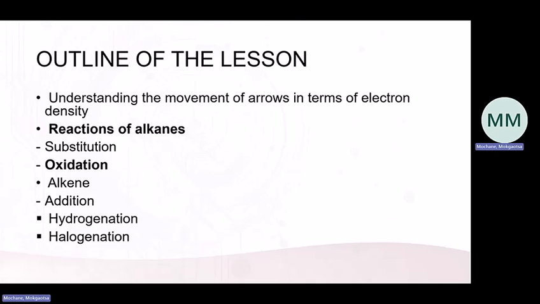So the product might be a haloalkane when you add, for example, a halogen. It will depend. When you add hydrogen, which is hydrogenation, to the alkene, the product might be an alkane. It's no longer going to be an alkene. So basically, you're breaking the double bond and forming a single bond.